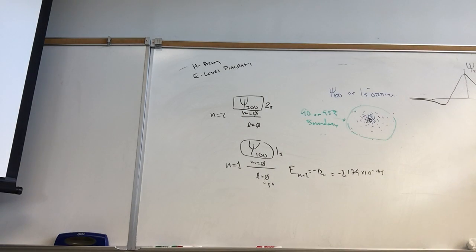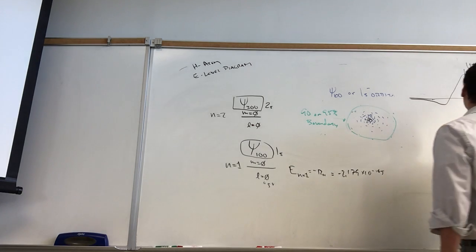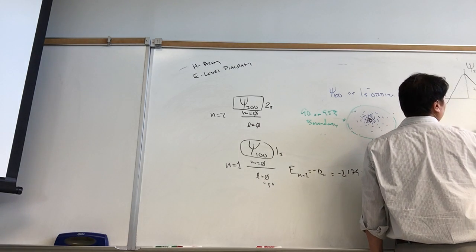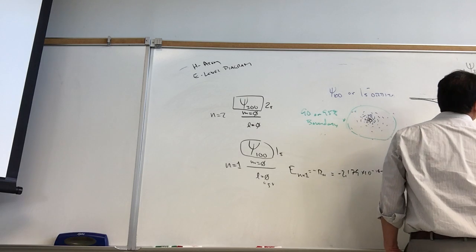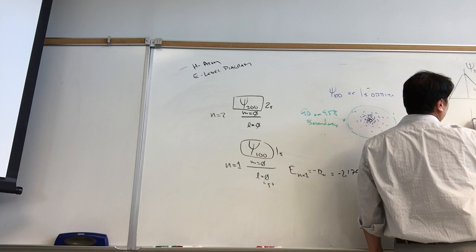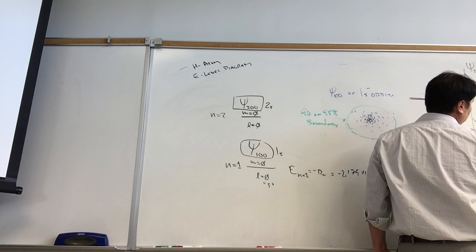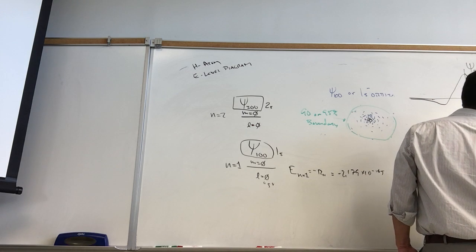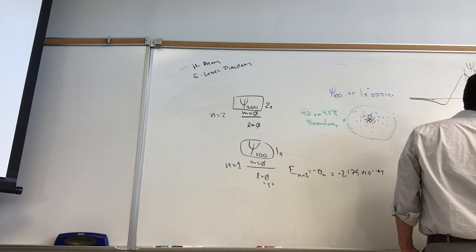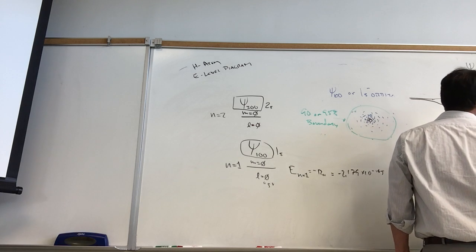An interesting thing happens because here we have positive amplitude, and here we have negative amplitude. In terms of probability, we square it, because is it possible to have negative probability? No, the lowest probability we can have is 0. So if we plot psi squared 2,0,0, this is going to go up, something like that.